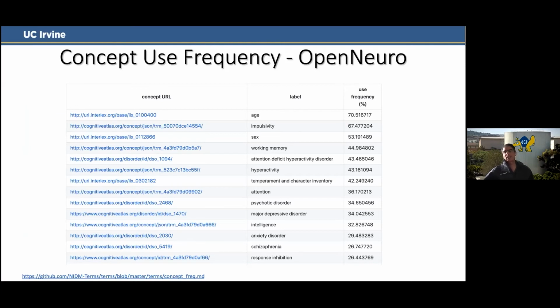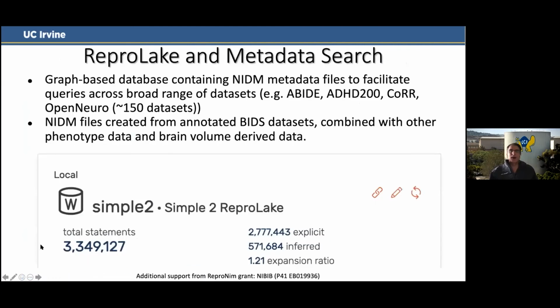It's kind of interesting to see that 67% of the data sets that we annotated from the OpenNeuro database contain some measure of impulsivity, and only 53% contain some measure of gender or sex.